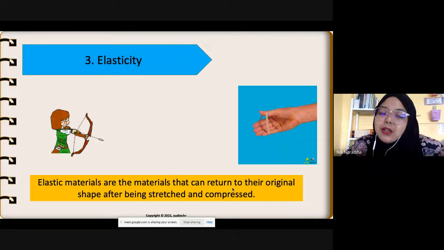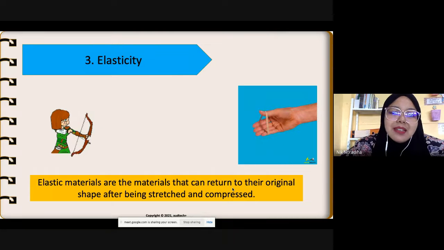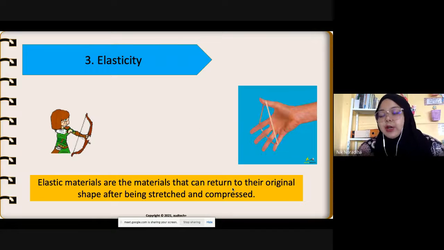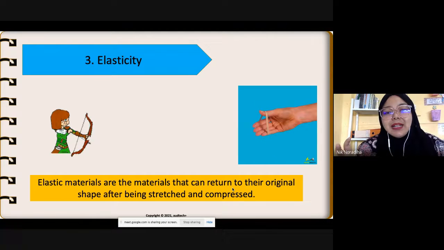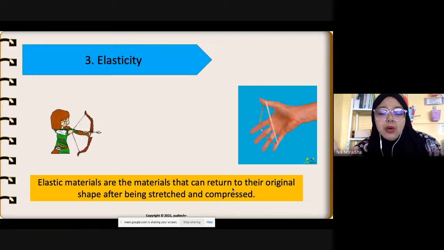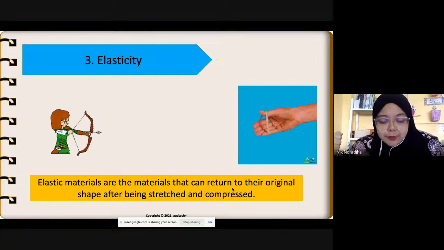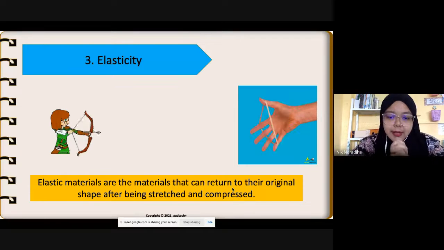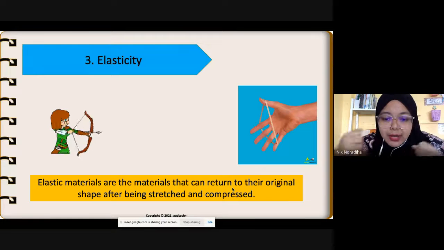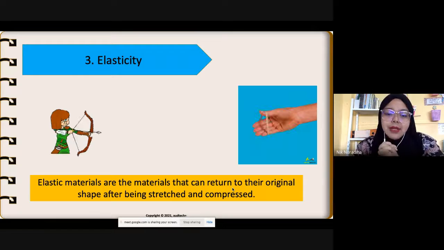Elasticity is basically the ability of a material to return to its original state after we stretch or compress it.